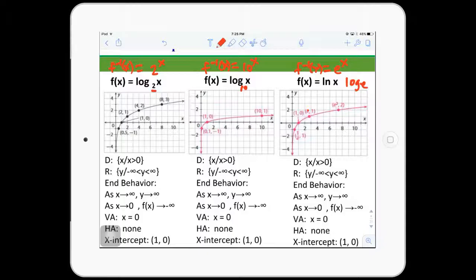So based on those, we can go ahead and identify the differences between the exponential and logarithm functions. Take a look at the first one right here. The inverse is 2 to the x, and the graph is going to look something like this.